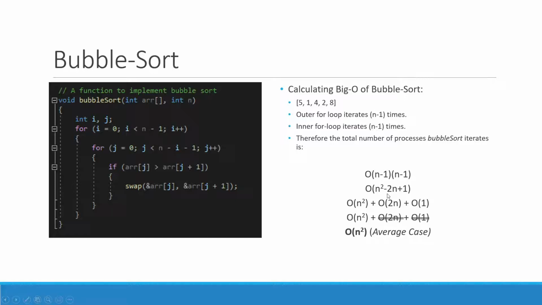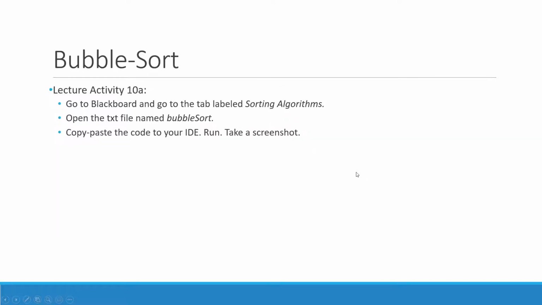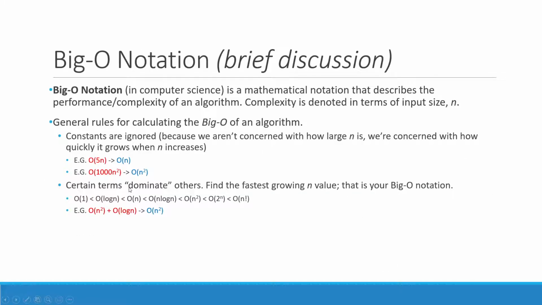If we use algebra, we will get n squared minus 2n plus 1. And because the O distributes, we can divide this into O of n squared plus O of 2n plus O of 1. Now, if you go back to our general rules over here, remember, certain terms dominate others.